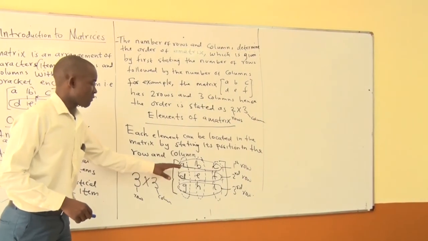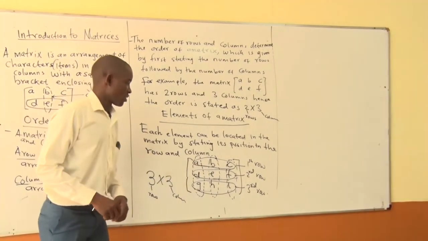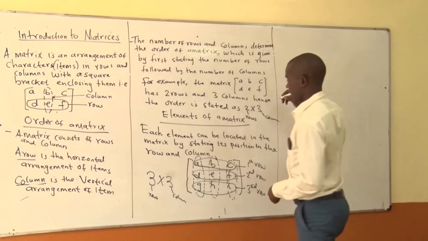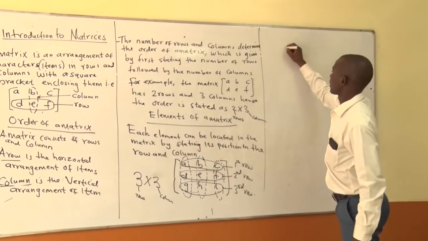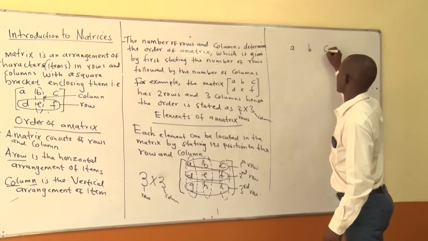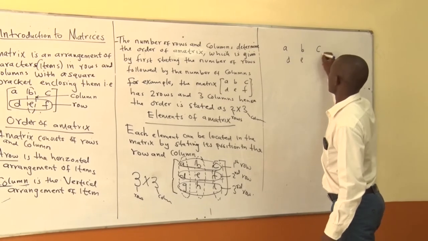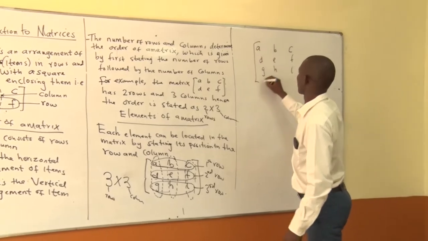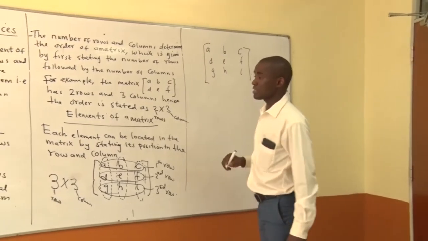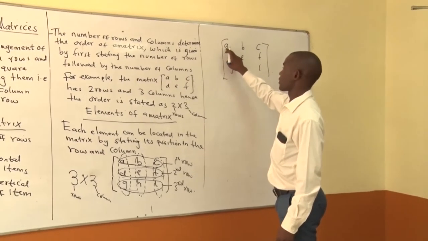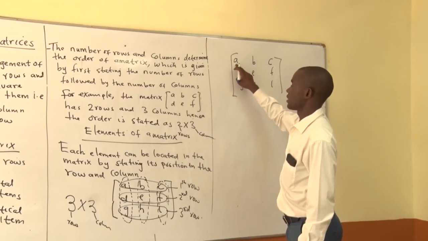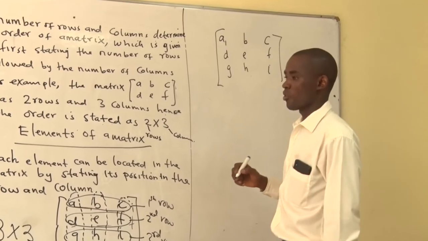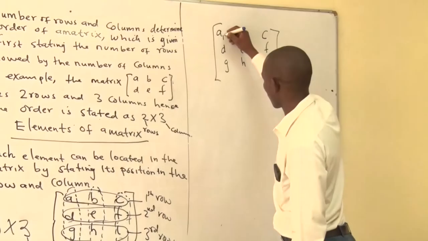I want now to determine the position of this particular matrix. I can write it on the other side. Like if you are given A, B, C, D, E, F, G, H, I. This first character, I will write the position of this one. Remember this A is in the first row, and it is also in the first column.